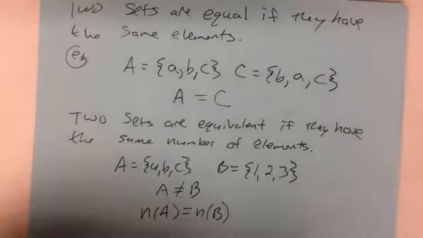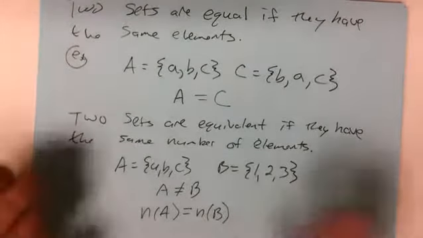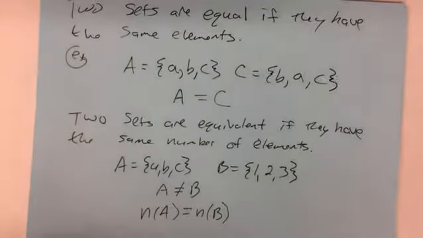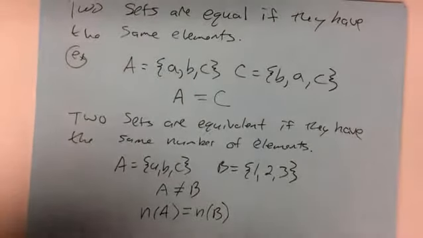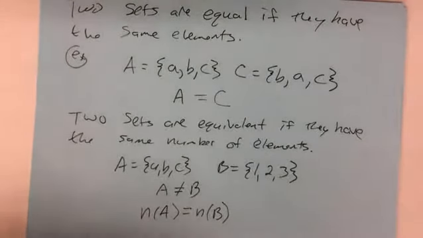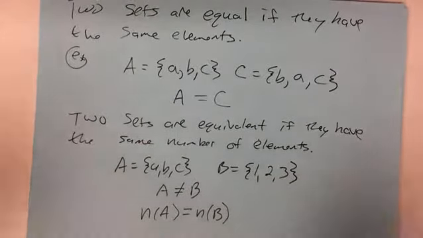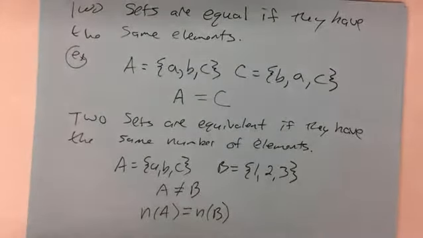And any set with 3 elements would have a cardinality of 3, and they would be equivalent to these two.